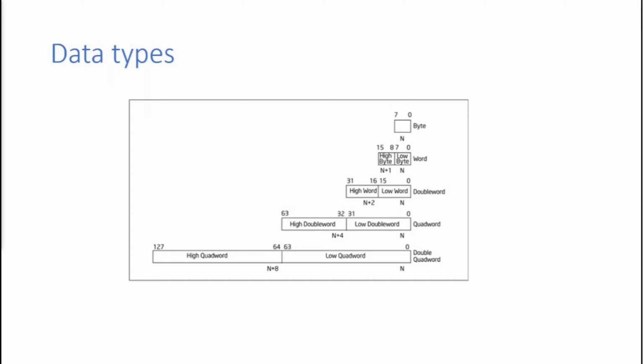In assembly language, 8 bits comprise a byte and 16 bits is called a word. It can also be called 2 bytes. 2 words constitute a double word and 2 double words constitute a quad word.